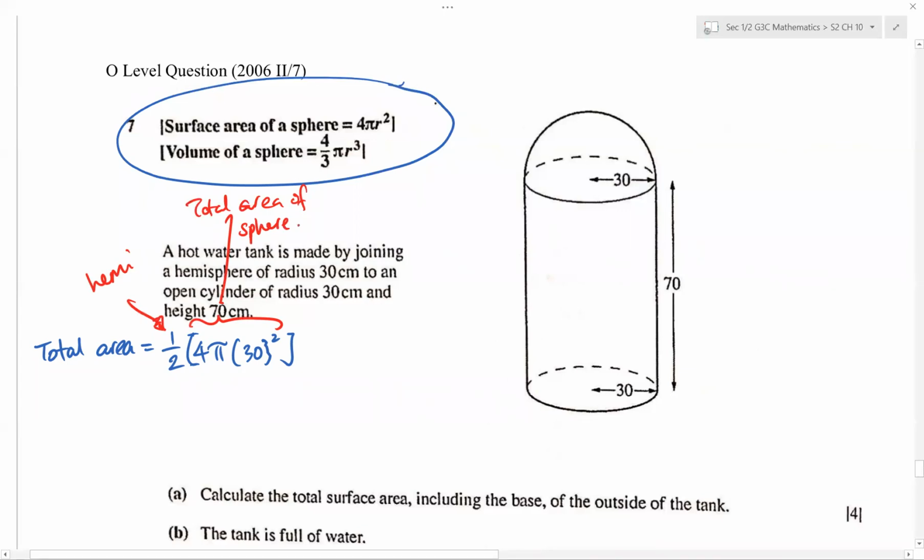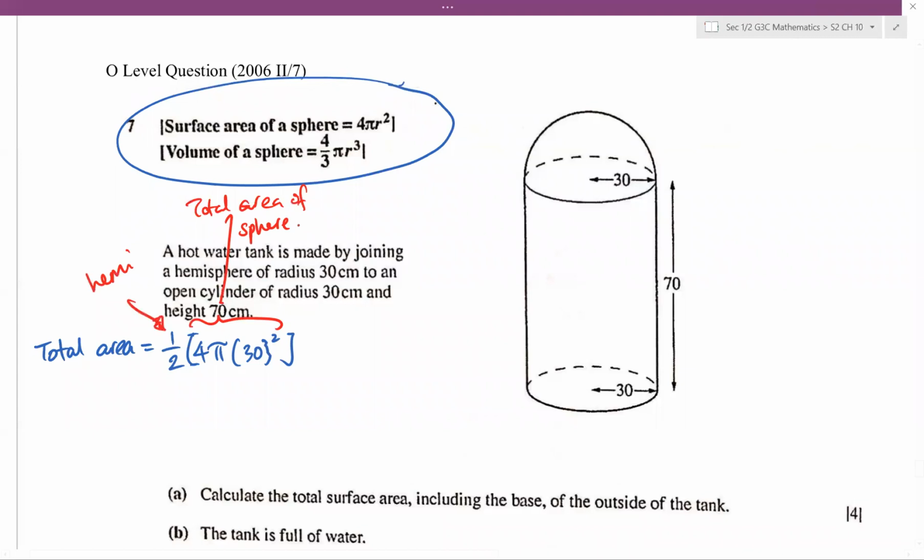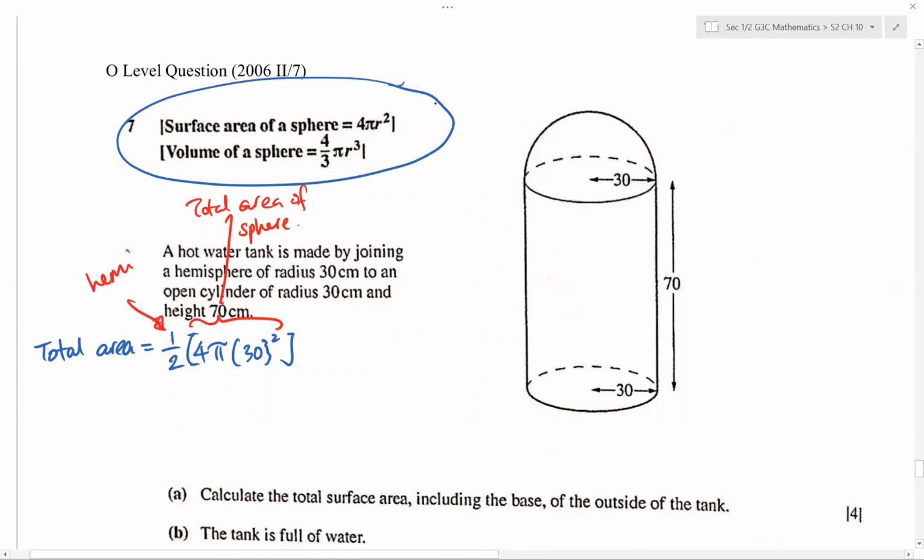She went from top, and let's see which one she will do next. Yes, so Jolie. 2 pi 30 70. Can you explain what this is for? Very good. Curved surface area of the cylinder. Can you describe what is 2 pi times 30 is for first? Two pi times 30.